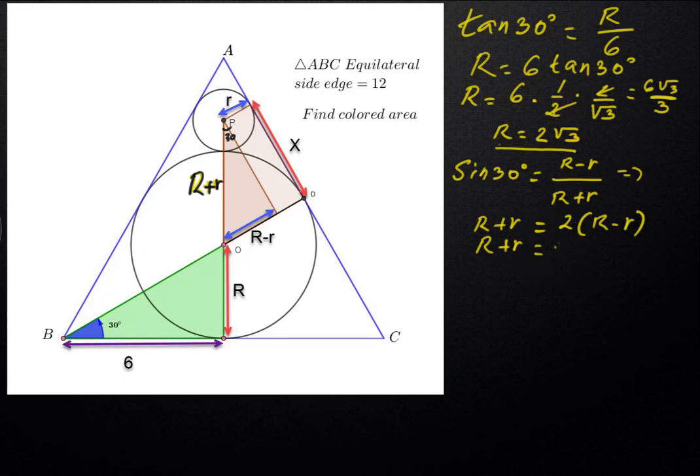So if we solve for R here, we can find the value of small r compared to capital R, the big radius. You can quickly find out that 2R minus R is equal to small r plus another small r, right?